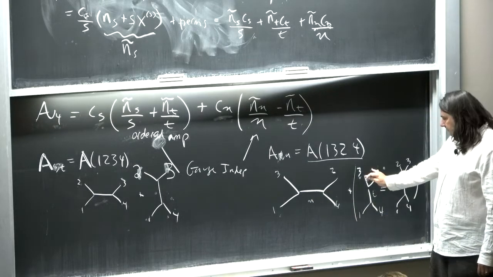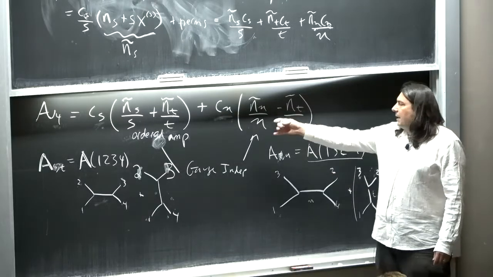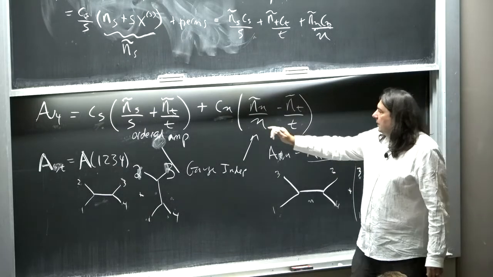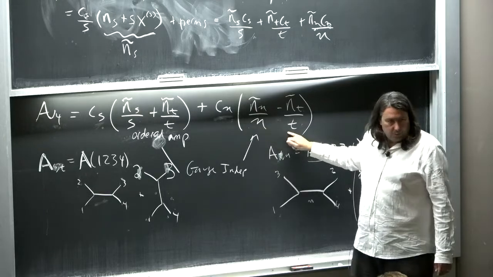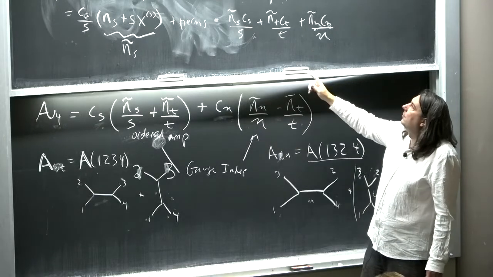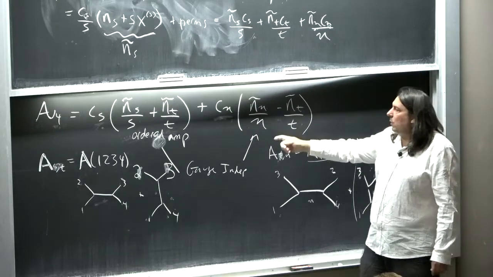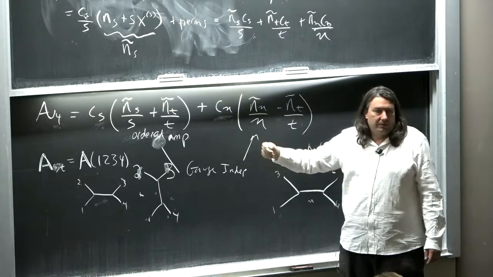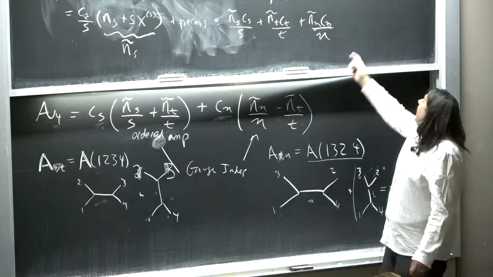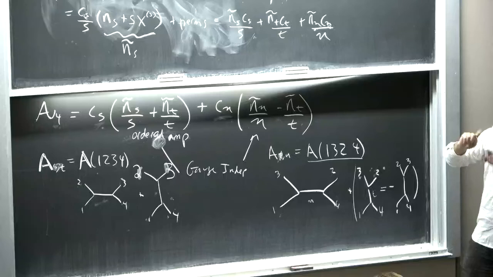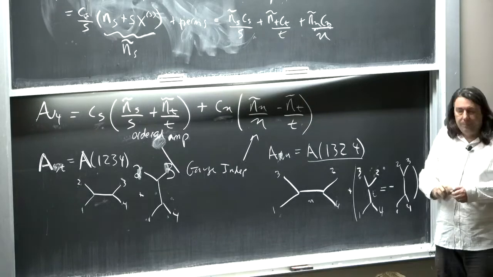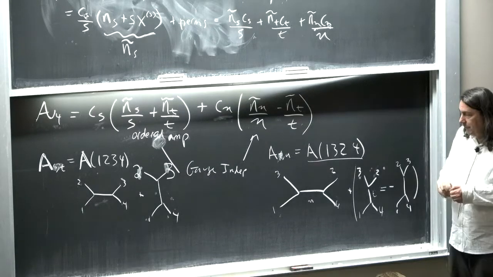And what's sitting here came from my convention for what I called CU and what I called CT and what I called CS, and which basis I went into, right?